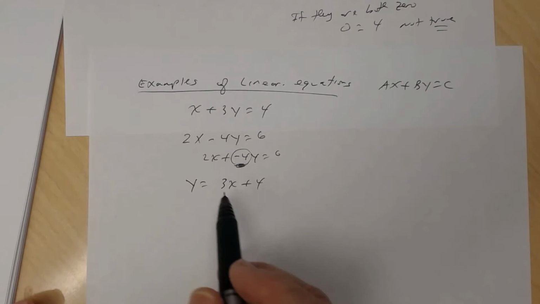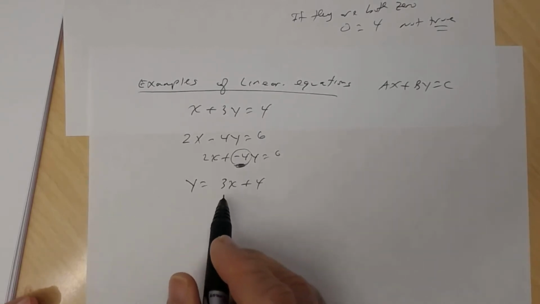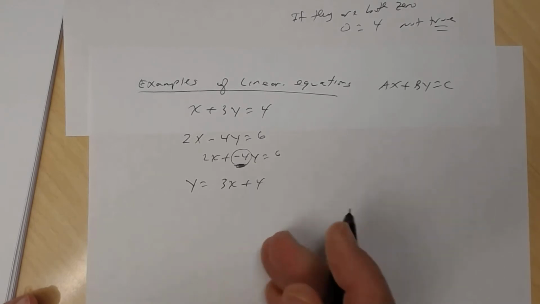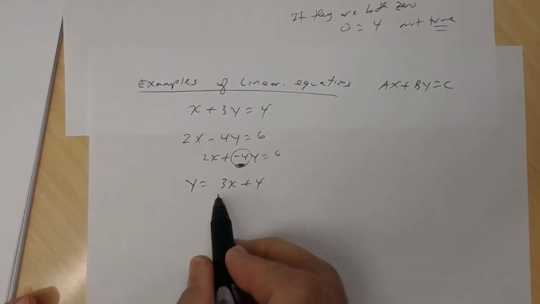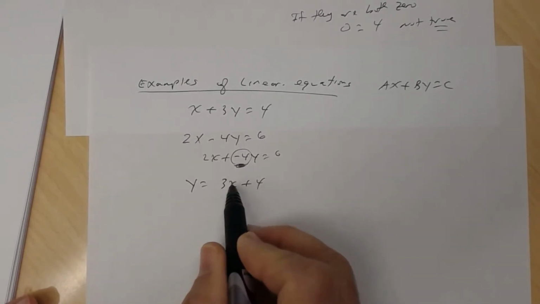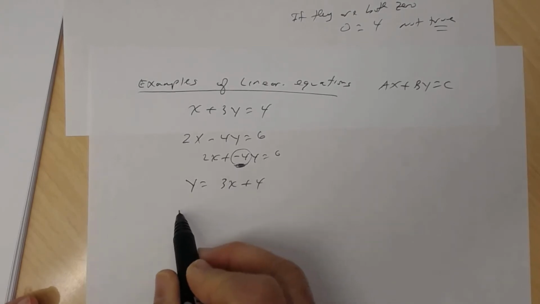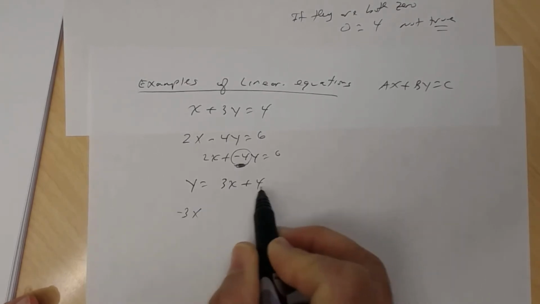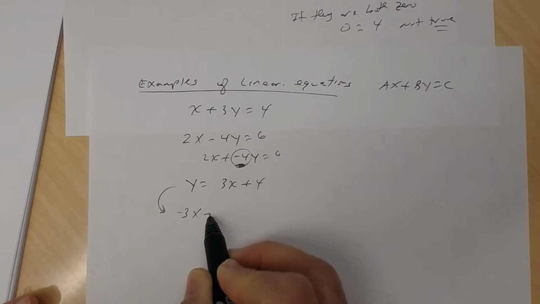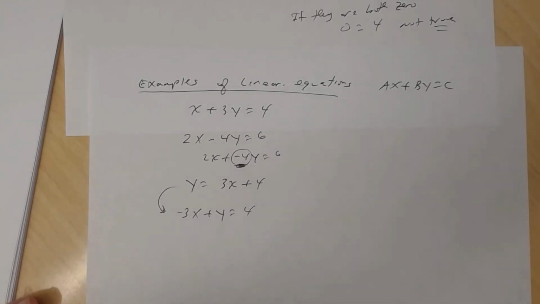So remember, all you've got to do is bring the variables to one side, constants on the other. So if I bring the variable 3x over to the other side, I get negative 3x plus y equals 4. So a is negative 3, b is 1, and c is 4.